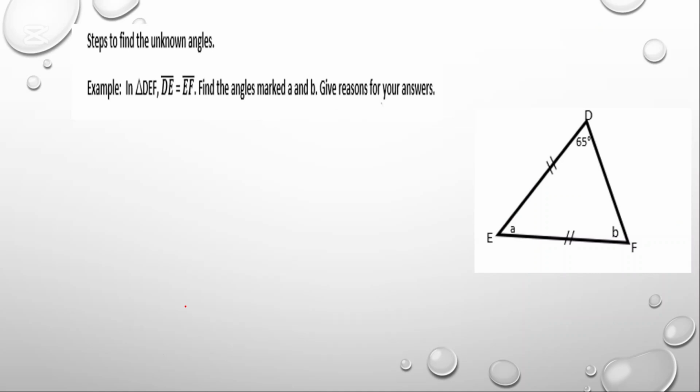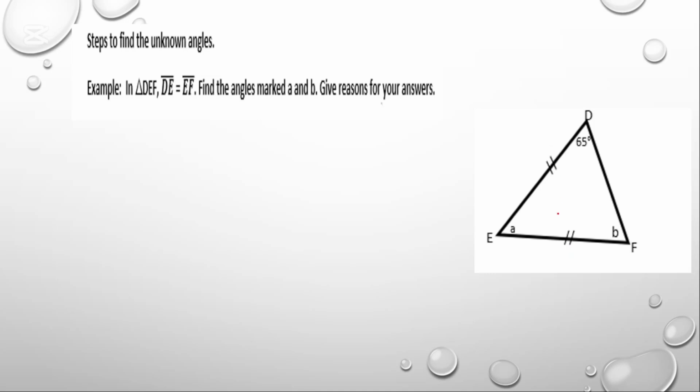Now we're going to go through the steps again to find the unknown angles. In this triangle, you can see we have two equal sides. So step 1, you must first decide if you see two equal sides. Remember, they will always be marked the same. Then you must decide which angles are equal, and remember the angles opposite these equal sides are equal.